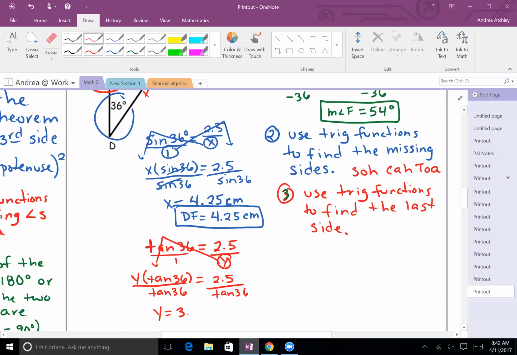That gives me 3.44, so that'd be DE equals 3.44 centimeters. So now I found the missing sides and the missing angle. Any questions over that? We're all good? Okay, on the back.